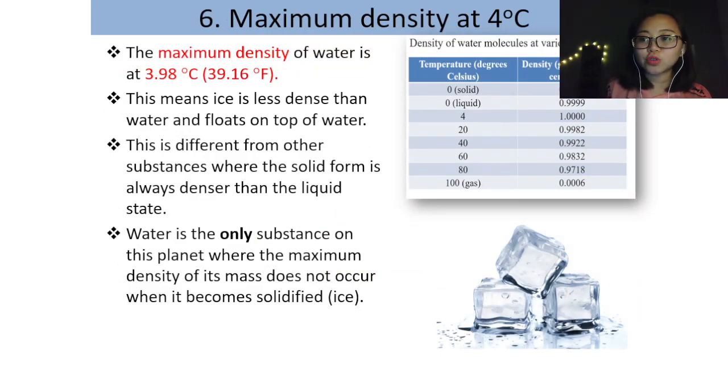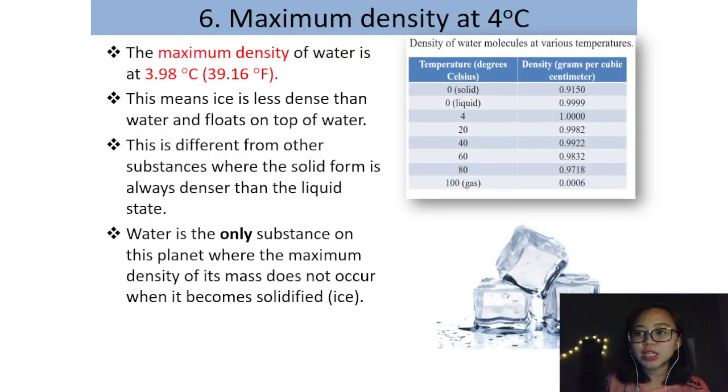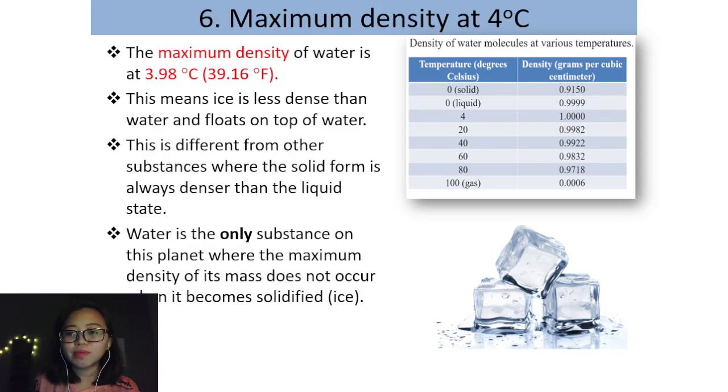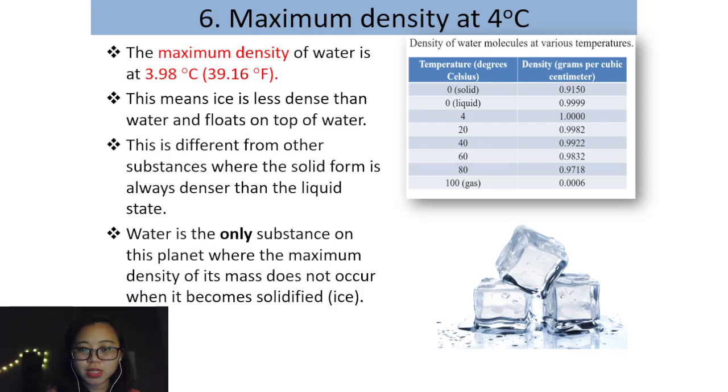And we're moving on to the final point, which is maximum density at 4 degrees Celsius. Okay, so water is most dense, air adalah paling mampat bila dia pada suhu 4 degrees Celsius, or more accurately 3.98 degrees Celsius or 39.16 degree Fahrenheit.